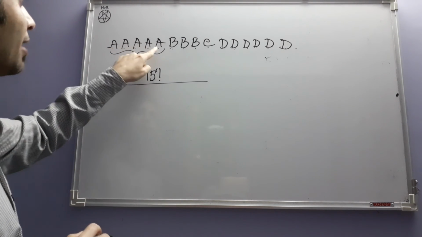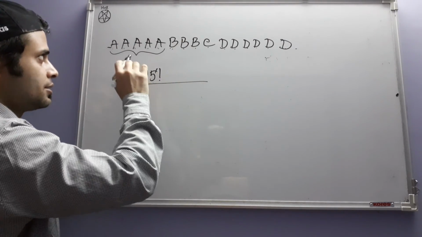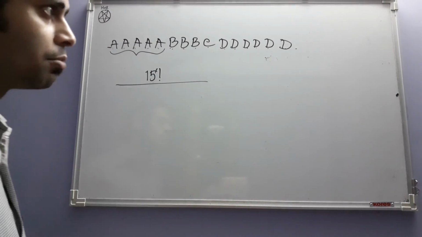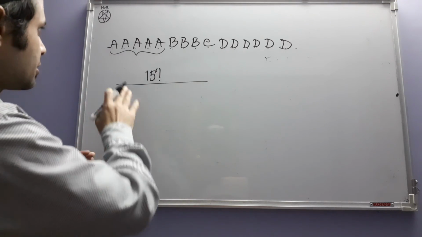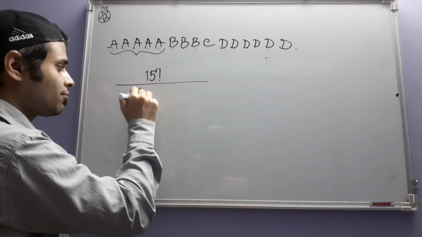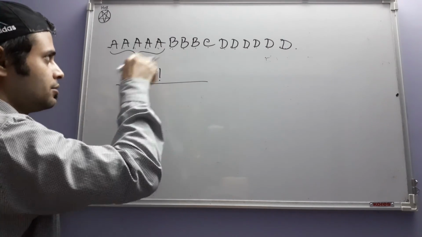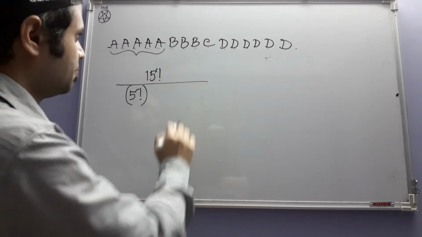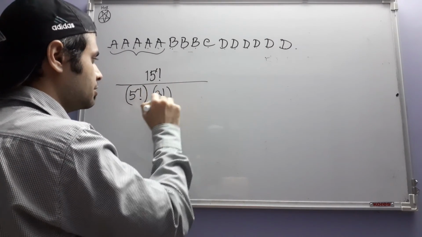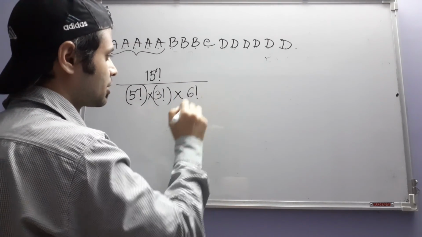A appears 5 times, right? So these A's, if I consider them as distinct, they will permute among themselves and they will create more permutations than what we actually get. So we divide by 5 factorial because in that many ways these A's can arrange themselves. 3 B's will arrange themselves in 3 factorial ways and 6 D's will arrange themselves in 6 factorial ways.